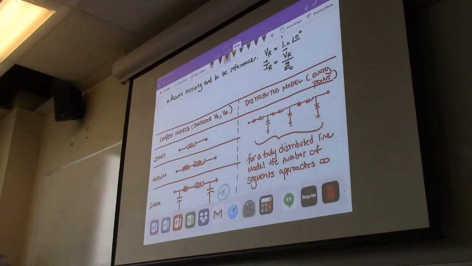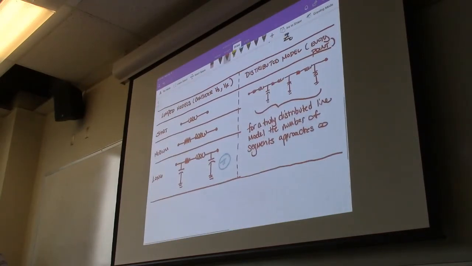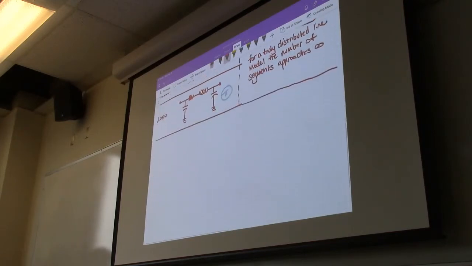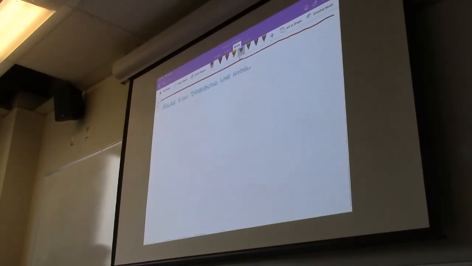So now this section, section 4.6, talks about our distributed line model. And so they give us a figure.